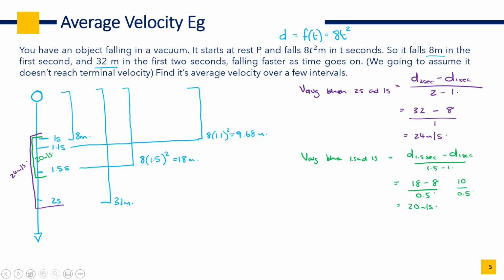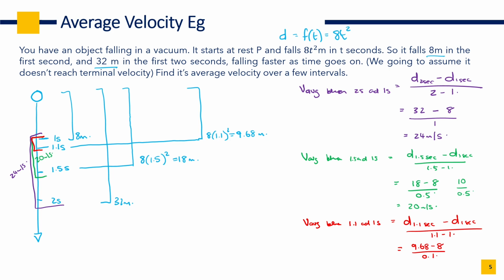Let's move on to the smallest interval that we're going to do, the 1.1 and 1 second. So we have the average velocity between 1.1 and 1 second, and that is your distance at 1.1 seconds minus your distance at 1 second, divided by 1.1 minus 1. And that's going to give us 9.68 minus 8 divided by 0.1.